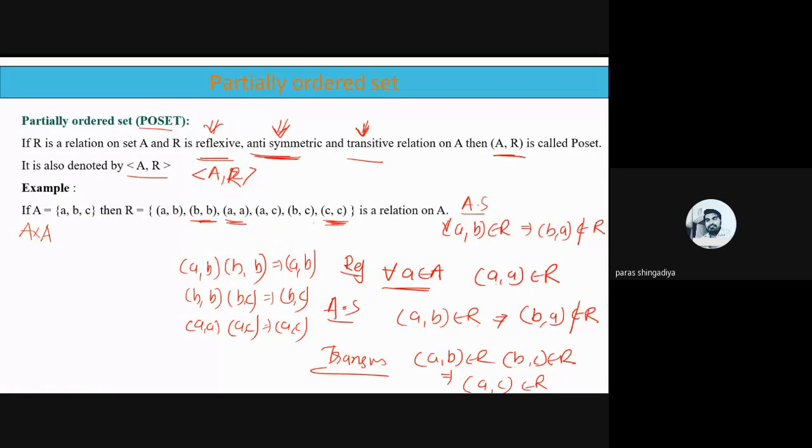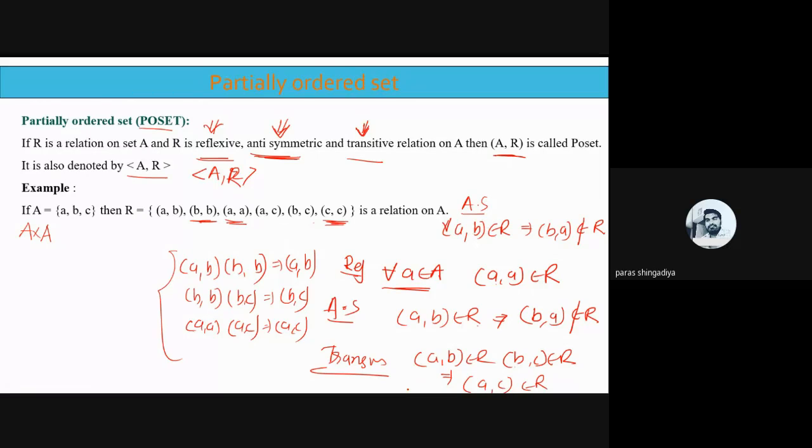Yes, that's all. (A, B) belongs to R, (B, C) belongs to R, and based on that we can easily check that (A, C) also exists in the given relation. So therefore we can say it is a transitive relation.